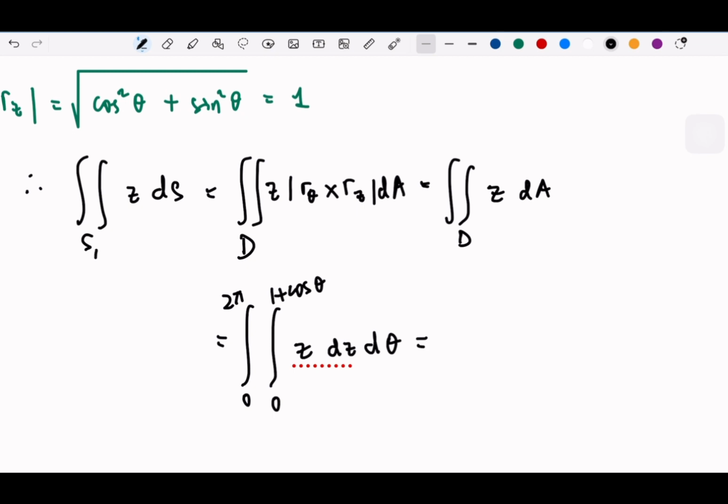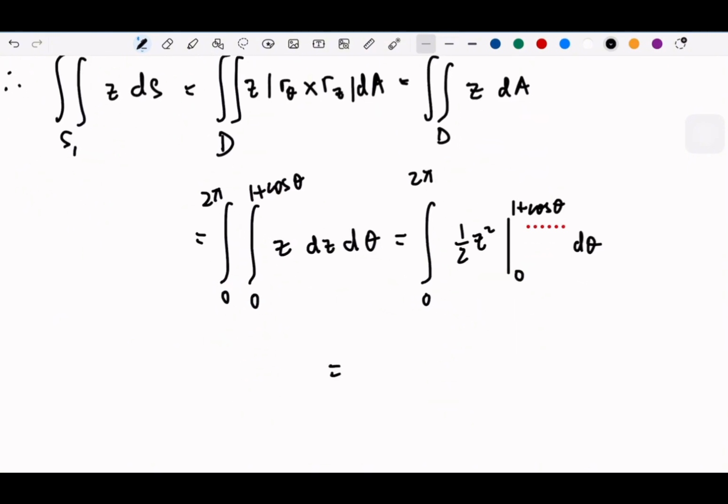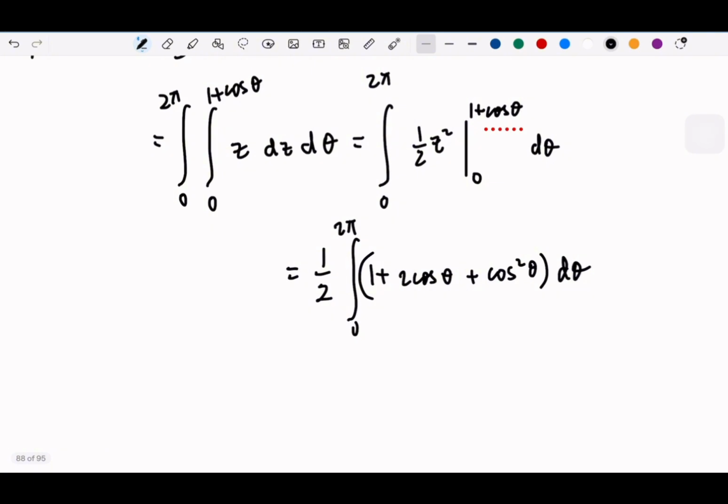And then we integrate the one inside here, it will be half z squared, and then plug in 1 plus cos theta. This will be half, okay, and then we solve.